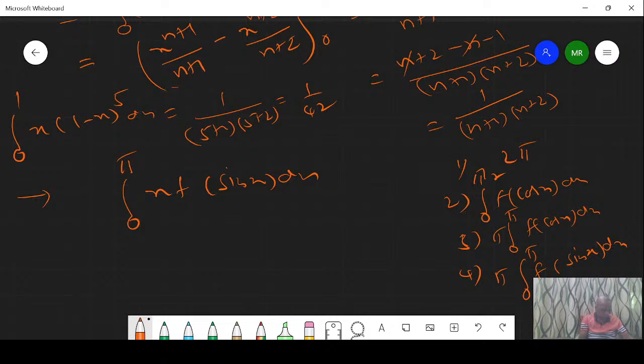Think about the options, which option is suitable here. Think which is suitable. I will explain, you do that. You think about integral 0 to pi x into f of sin x dx. In what way can I simplify this?